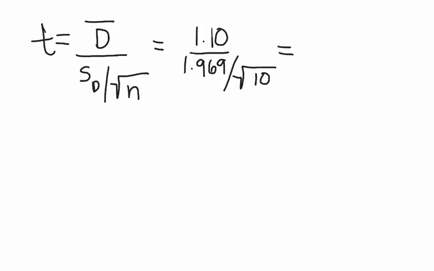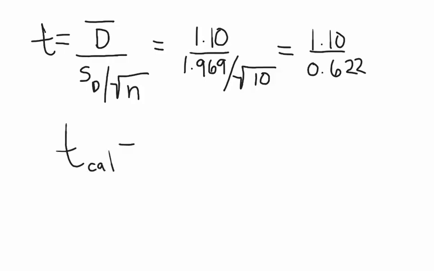If we keep working that out, we'll end up with 1.10 divided by 0.622, which will give us a t calculated that's going to be equal to 1.77. So now we've computed the test statistic t calculated. The next step is going to be drawing our conclusions.